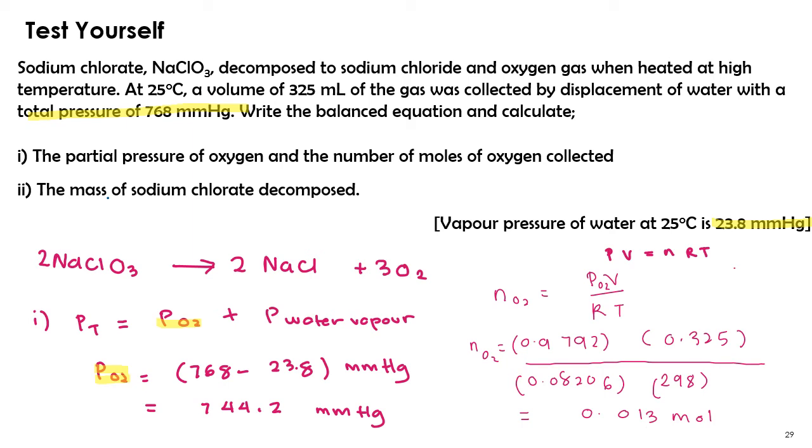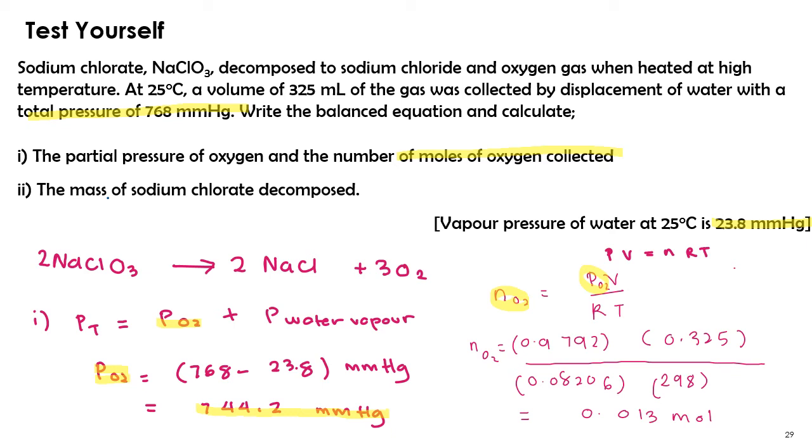So next question, you want to find the moles of oxygen, the number of moles of oxygen collected. By using the ideal gas equation, PV equals nRT, you rearrange this equation and you can find moles of oxygen directly, but you need to substitute the pressure of oxygen. The pressure of oxygen you calculated already, 744.2 millimeter mercury, and then convert to atm first.